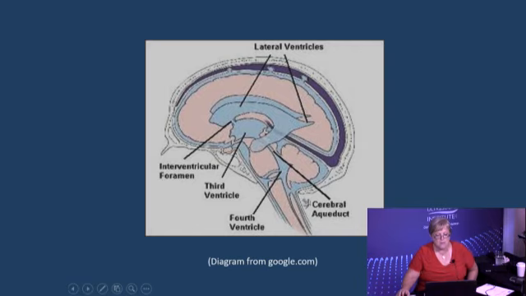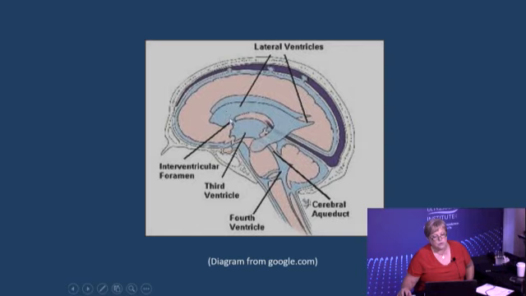So this is just a diagram, just trying to show again the natural flow of the cerebrospinal fluid. So we can see here the choroid plexus, which are in the lateral ventricles. That's where we see the bulk of it, but there actually is a little bit that comes down into the third ventricle also, usually sitting along the roof of the third ventricle. And so these are the lateral ventricles, the anterior horns, the posterior horns.